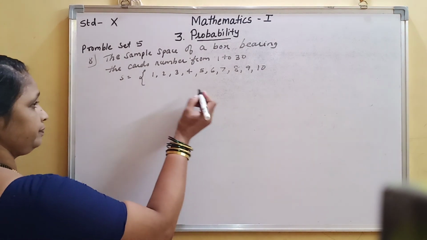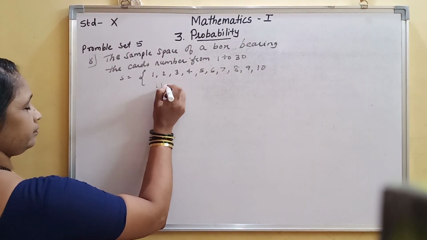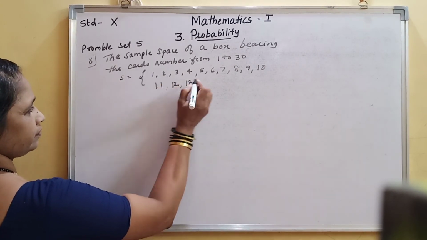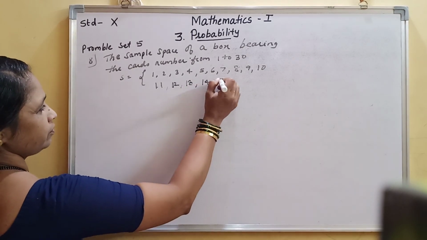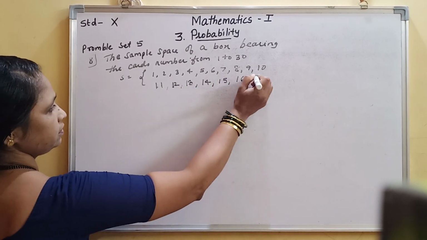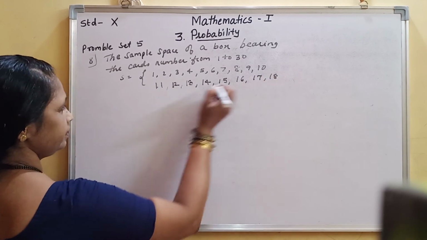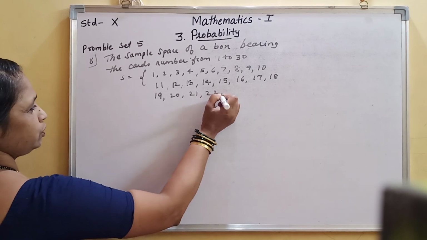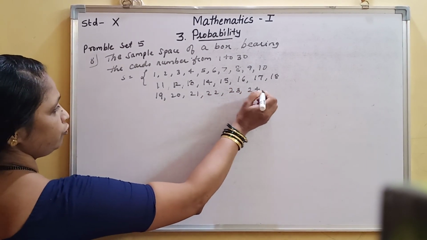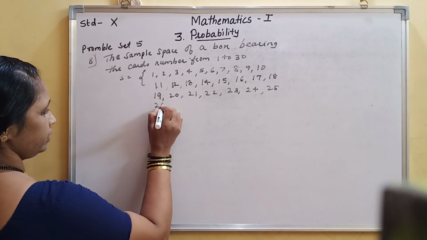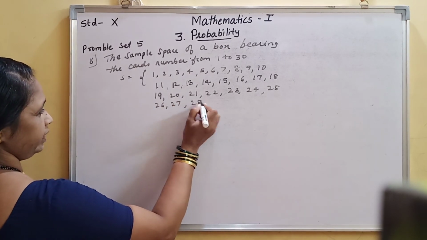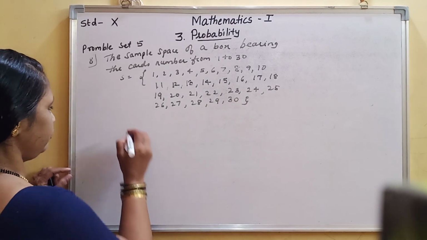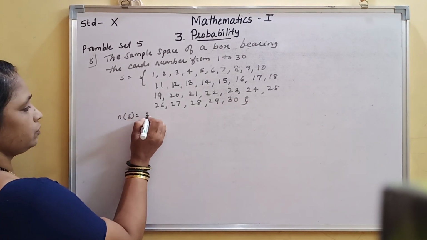So 10, 11, 12, 13, 14, 15, 16, 17, 18, 19, 20, 21, 22, 23, 24, 25, 26, 27, 28, 29 and 30. Now n(S) is equal to 30.